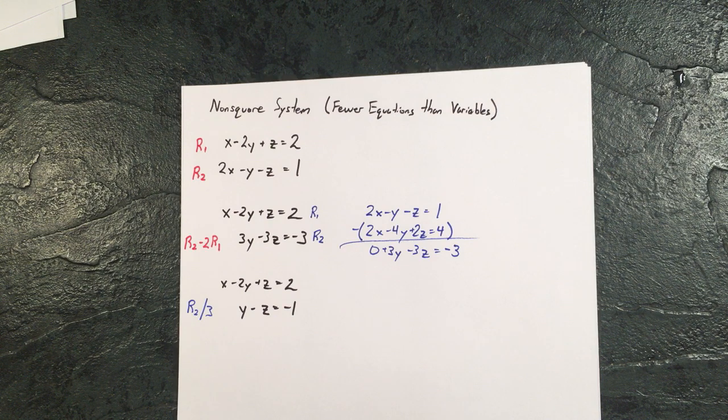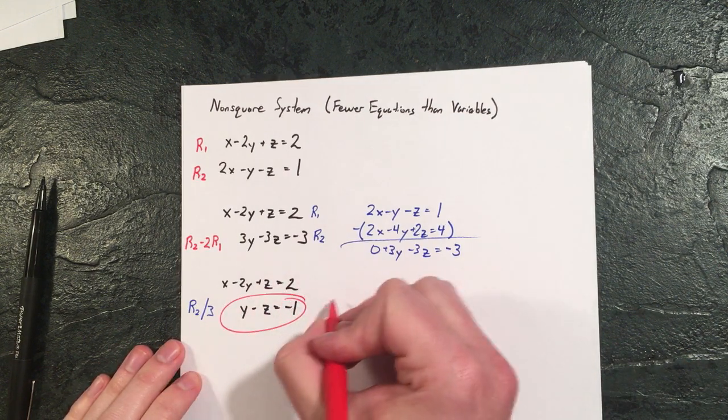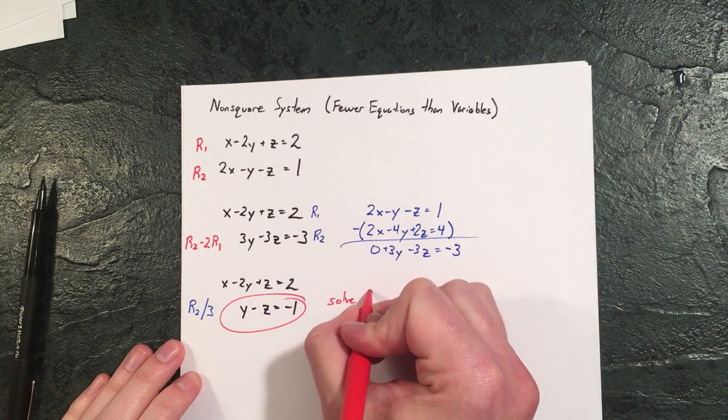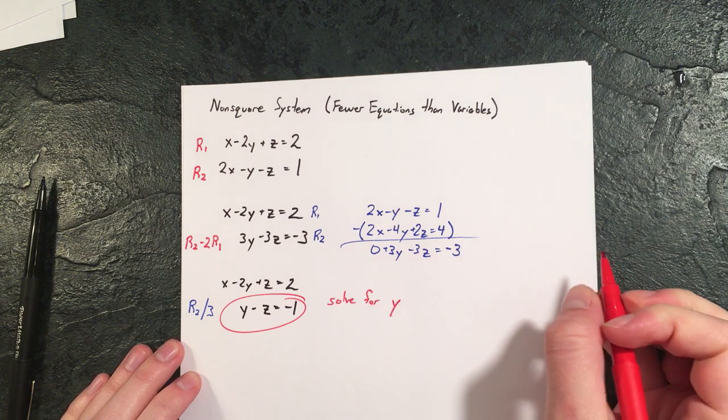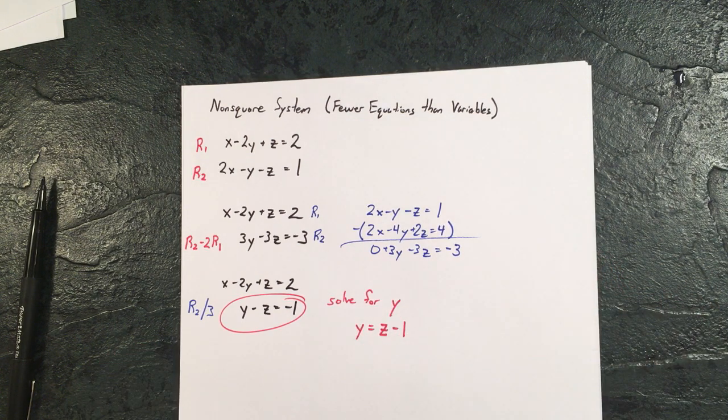Nothing really great here, because we don't have another line where we can solve for z. But what we can do is take this line here and solve for y. Add that z over. We know that y equals z minus 1.